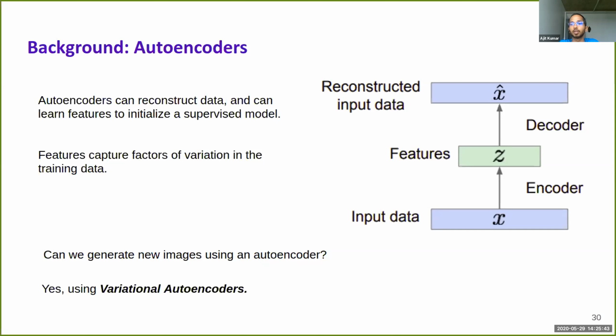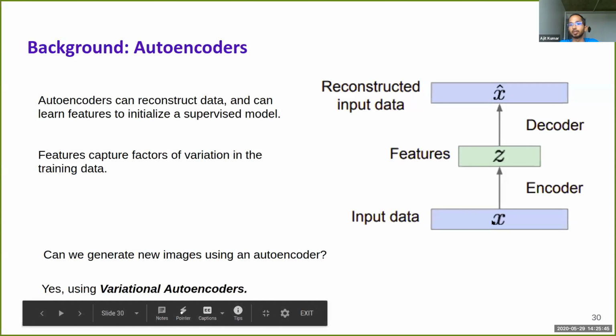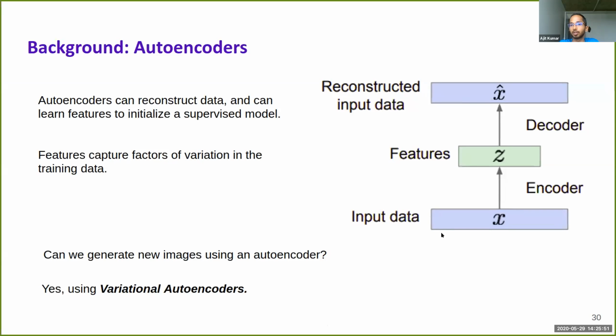You can think of this as, let's say, we're trying to generate new face images. So let's say we have some training data of face images here. Then we learn whether that face is smiling or not smiling, or what could be the face width or height. And these are the features that are essentially learned by the Z layer.